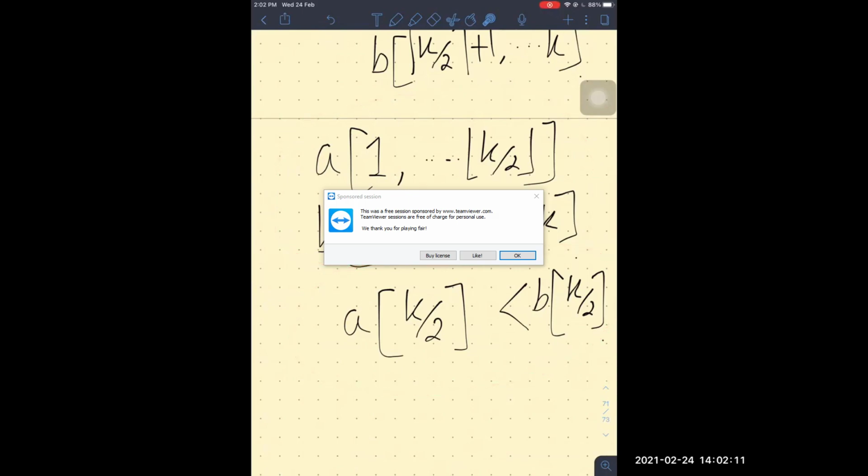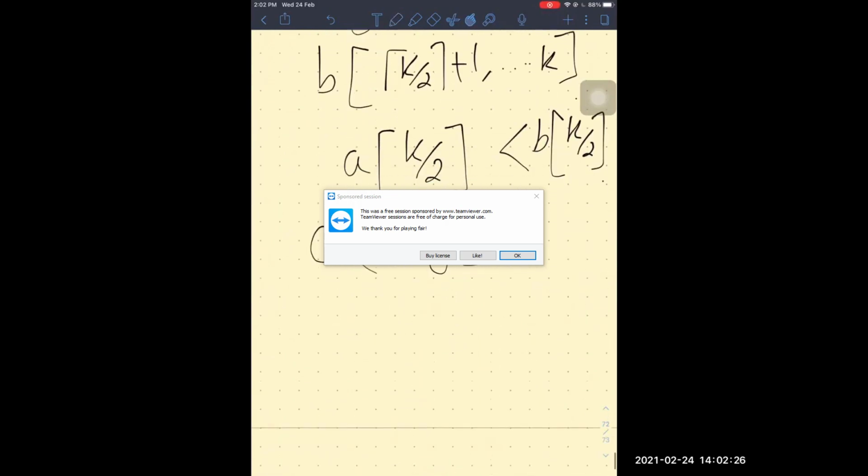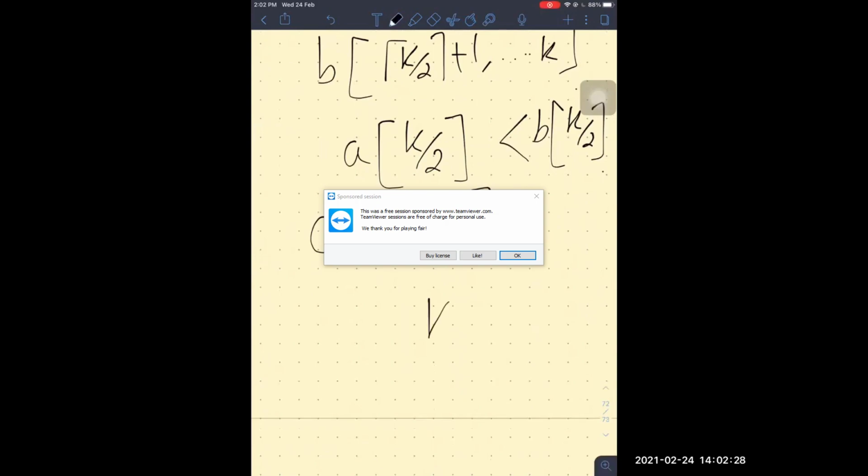And for the runtime, the runtime of this algorithm will be big O of log k, and we can always assume that k is less than m plus n. For k to exist, it must be less than or equal to m plus n.